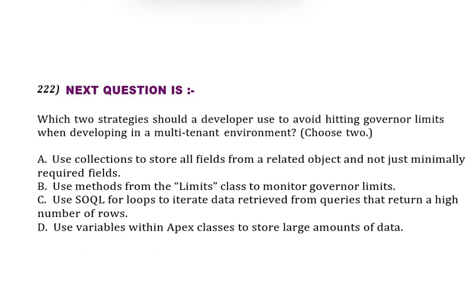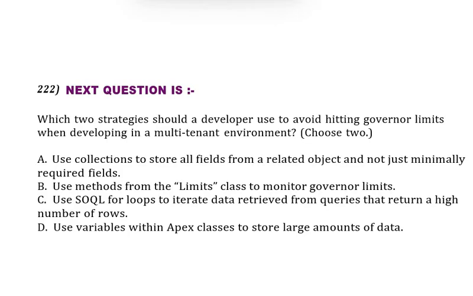Question is which two strategies should a developer use to avoid hitting governor limits when developing in a multi-tenant environment? Option A, use collections to store all fields from a related object and not just minimally required fields.